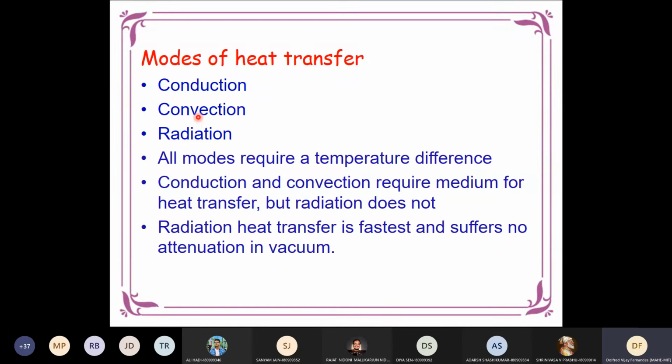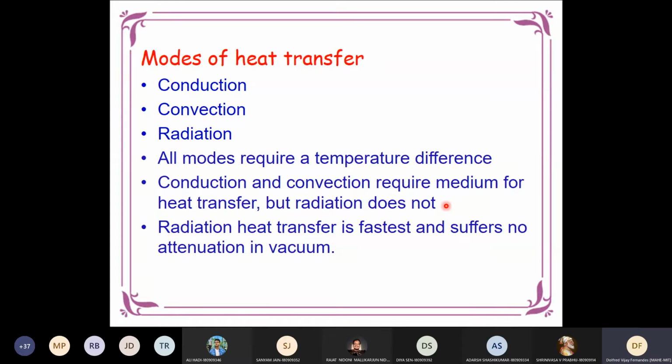Then the distinction here is that conduction and convection require a medium or a substance for heat transfer. That is a must. They require a medium for heat transfer, but radiation does not require any medium.